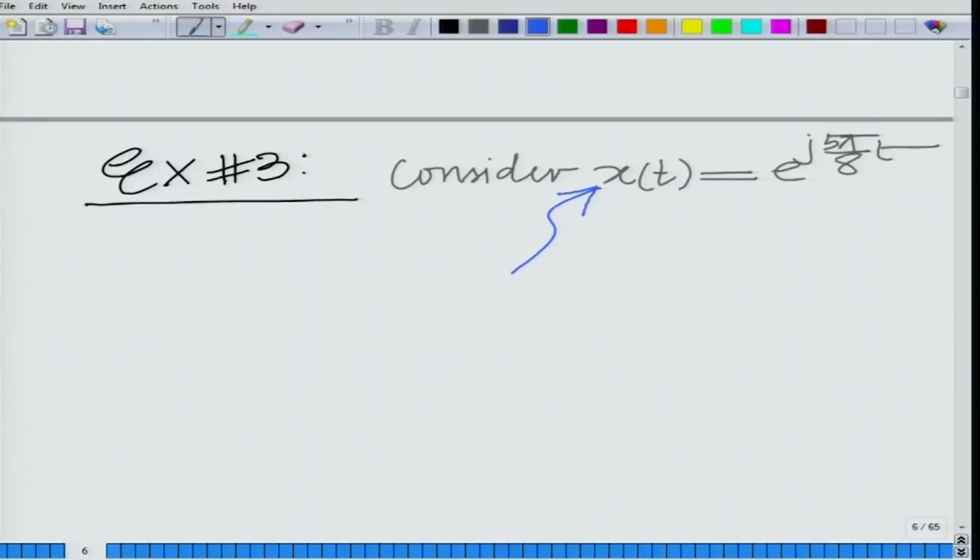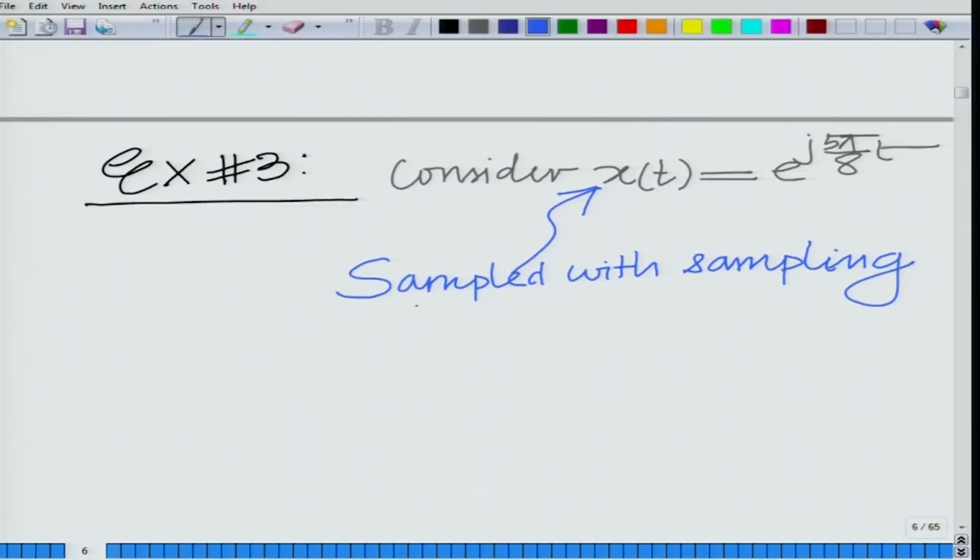This is sampled with sampling interval Ts equal to 2 by 3. So, we have a signal that is sampled with sampling interval equal to 2 by 3.